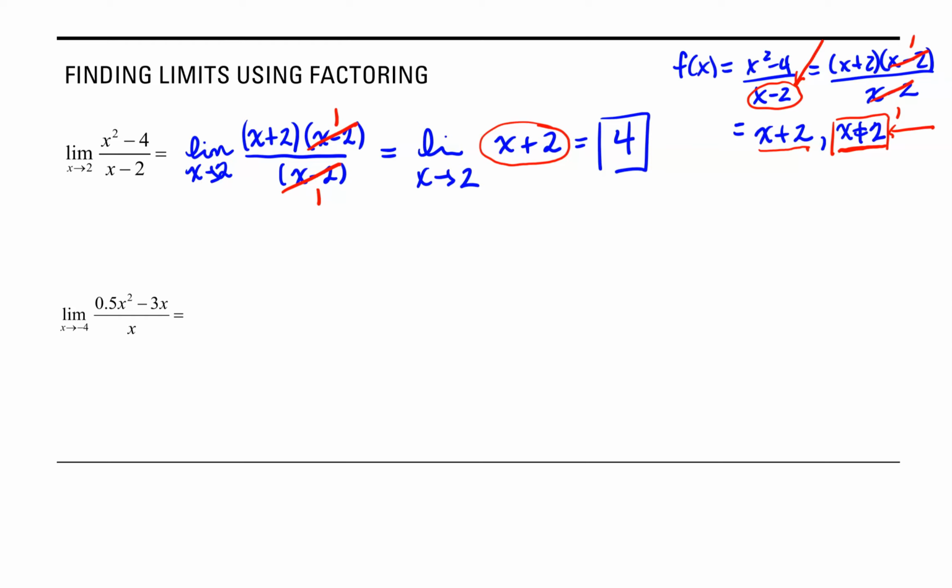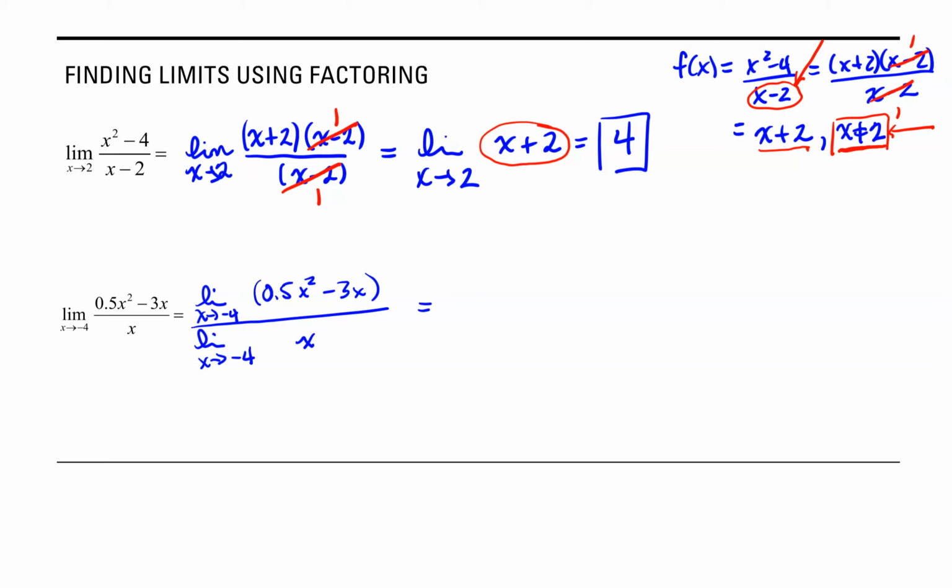So we're going to look at a couple more examples of using factoring to help with finding the value of a limit. So in our next example here, if we were to take the limit of the numerator, so limit as x approaches negative 4 of 0.5x squared minus 3x over the limit as x approaches negative 4 of x, let's see what happens.